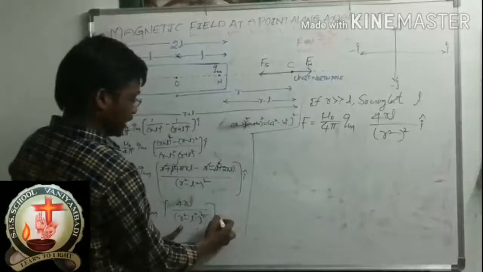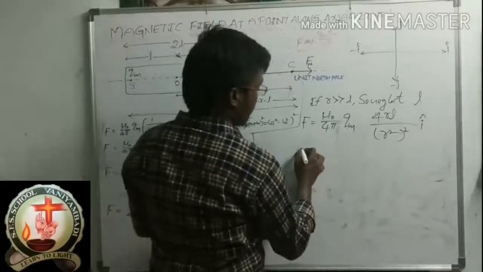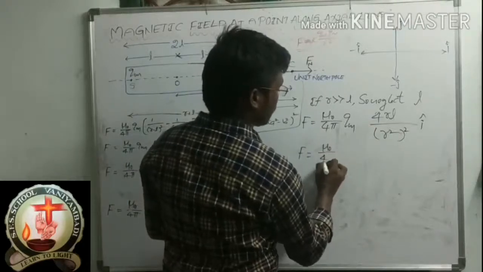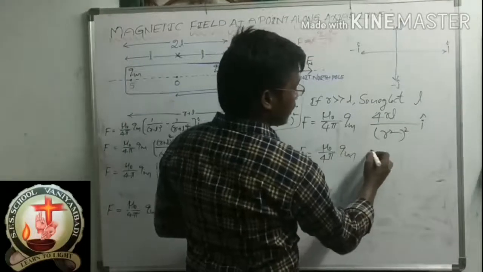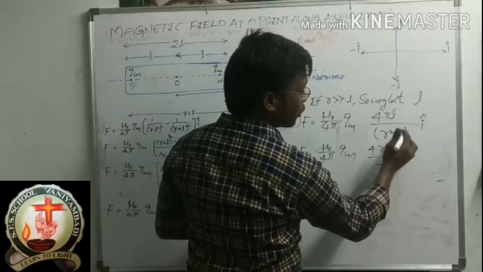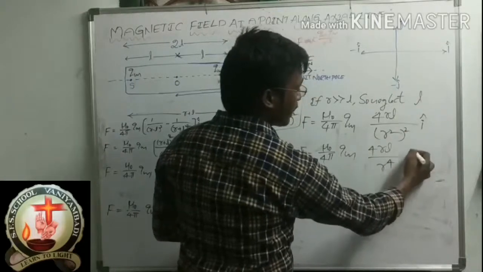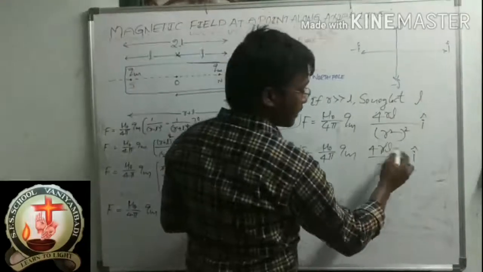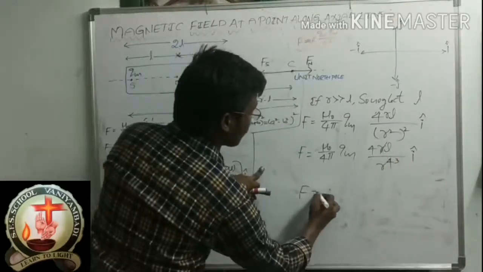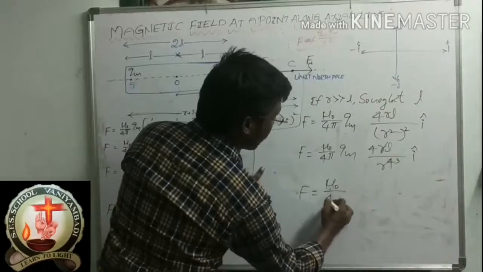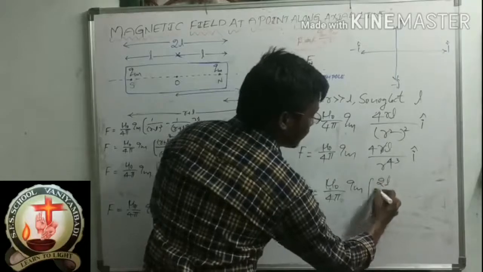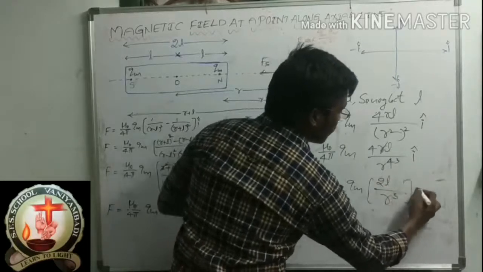Now F is equal to mu naught by 4 pi Qm, 4RL by R square whole square means R power 4, I cap. So here R power 4 is there, one and four cancel, remaining 3. So F is equal to mu naught by 4 pi into Qm, here 2L by R cube into I cap.